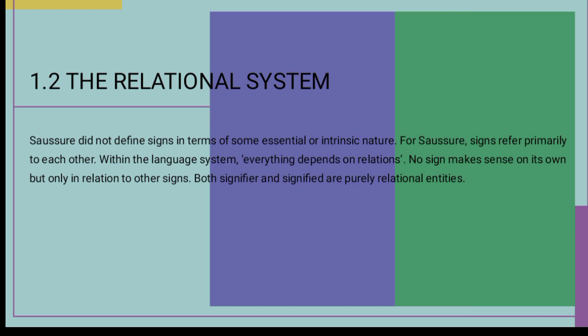Both signifier and signified are purely relational entities. Saussure himself referred to sound and thought as two distinct but correlated planes. Saussure used an analogy with the game of chess, noting that the value of each piece depends on its position on the chessboard.